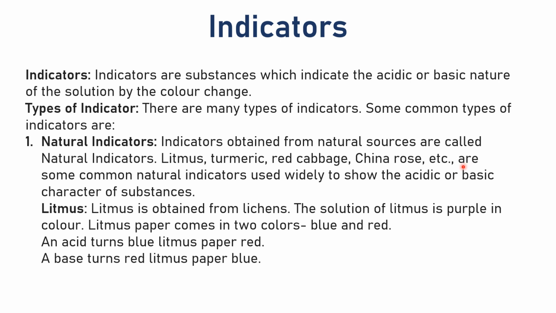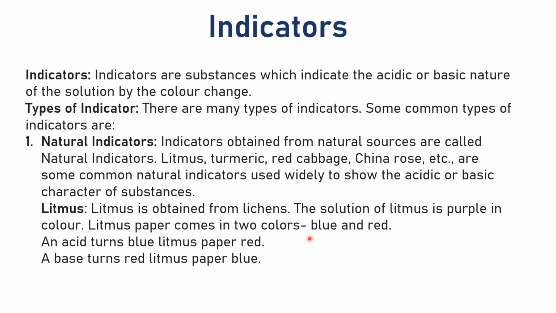Now coming to the litmus paper. Suppose you are given 3 test tubes with solutions in them. You don't know which solution is what, whether it is acid, base or water. And you are given 2 litmus papers, blue and red. When you dip blue litmus paper in one of the test tubes, and it turns red, then that solution is acidic in nature.